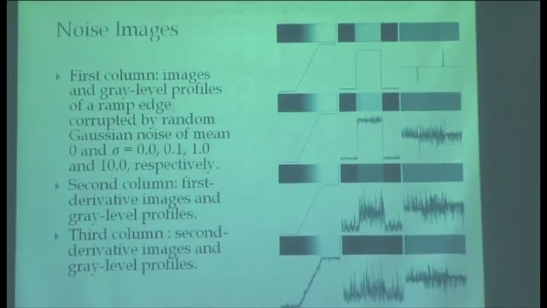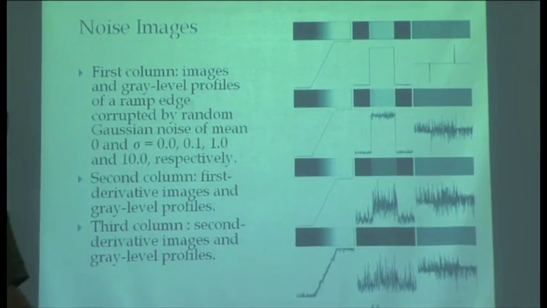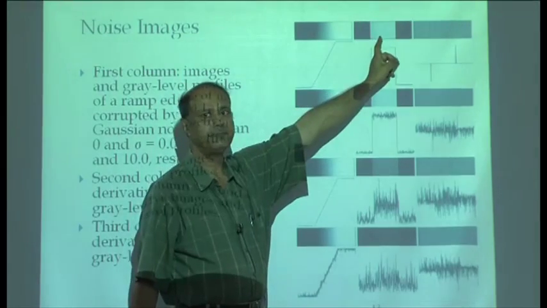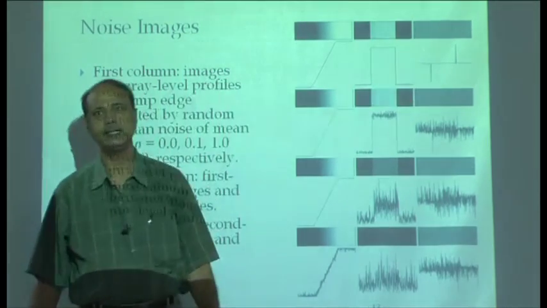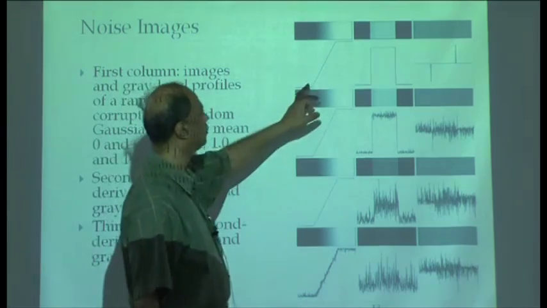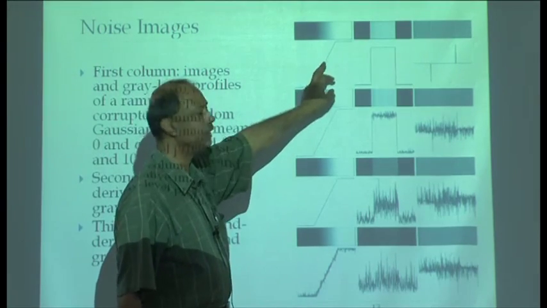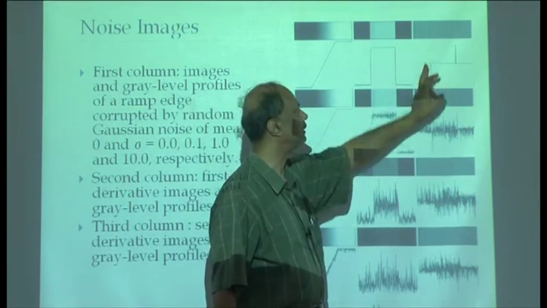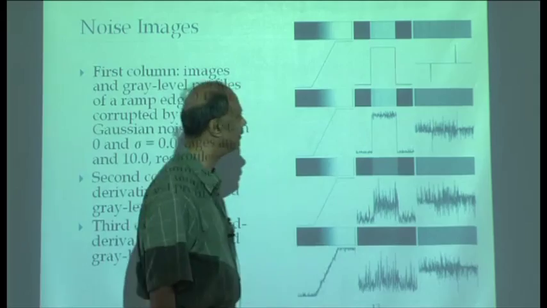This is one example. This is your original image, this is the first derivative one, and then this is the second derivative one. So, this is the thing I was talking about. This is the original ramp, and the first derivative will look like this, second derivative for this case is coming like this.